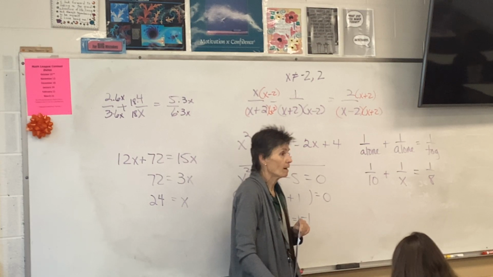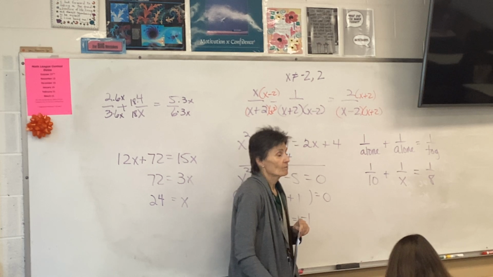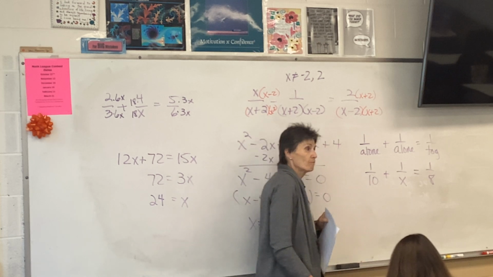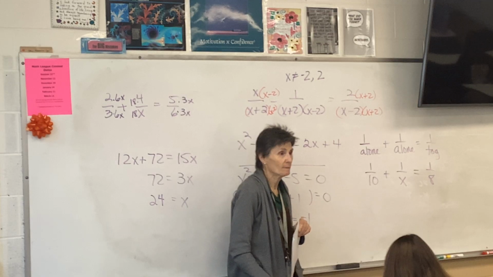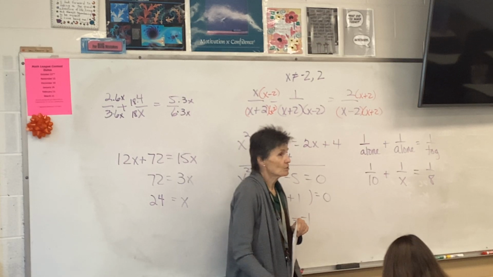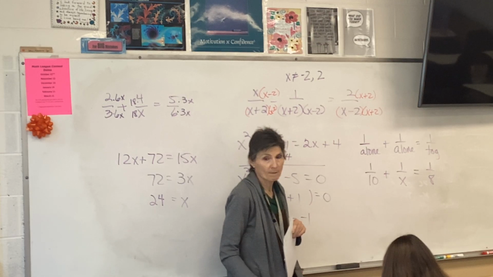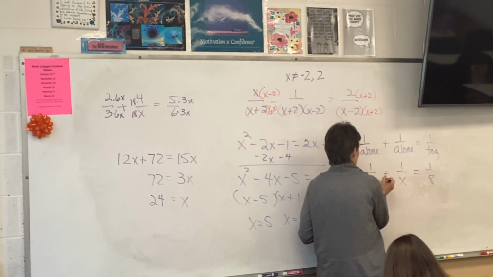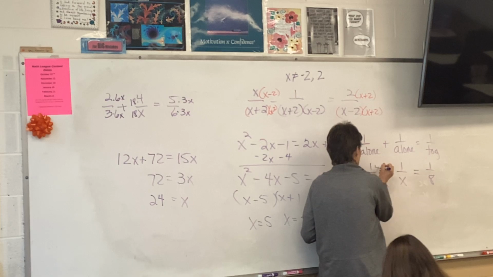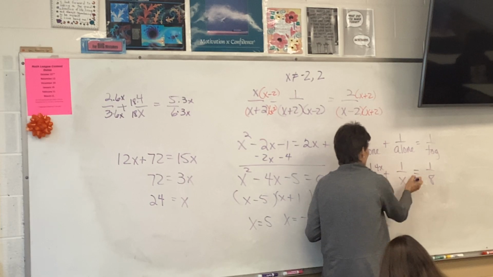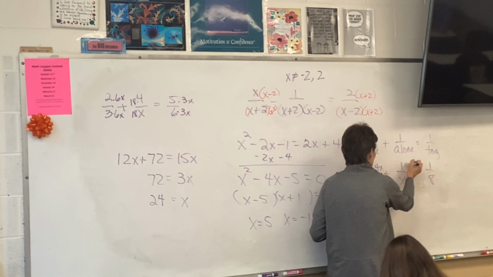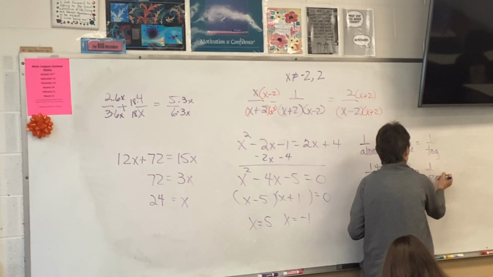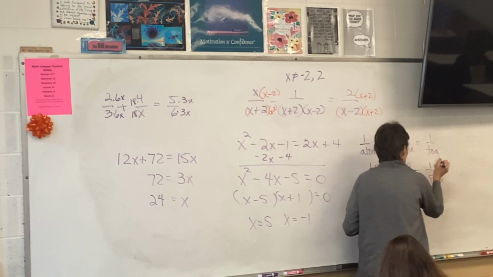Okay, common denominator? 40x. So 40x would be a common denominator. Jordan, use 80x. It does not matter, okay? If we use 40x, this one's times 4x, this one times 40, and this one times 5x.